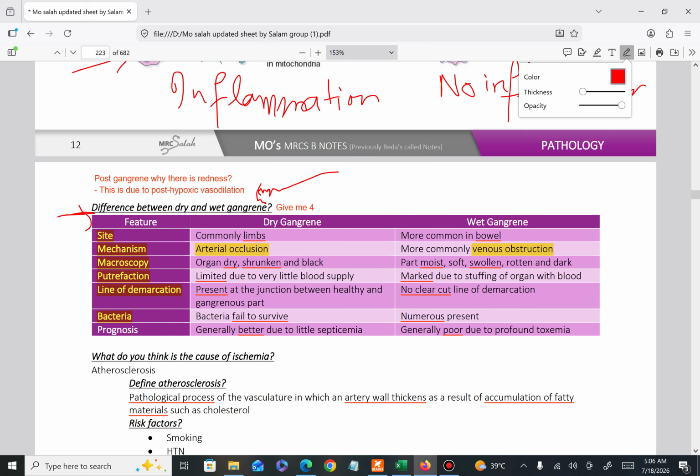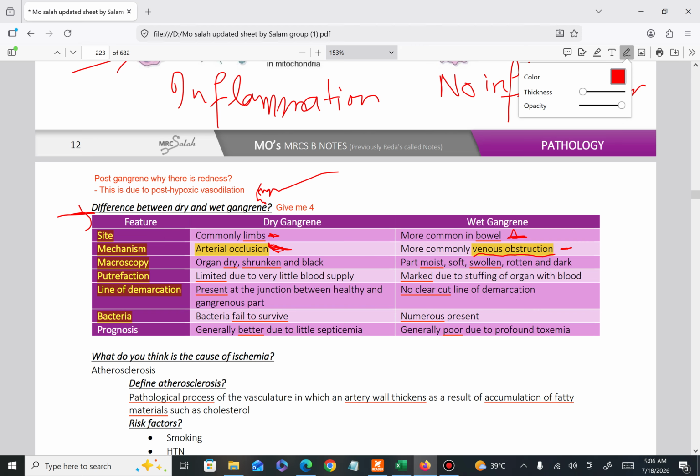Dry gangrene most commonly occurs in the limbs, while wet gangrene occurs most commonly in the bowel. The mechanism involved in dry gangrene is arterial occlusion, while in wet gangrene there is venous obstruction.